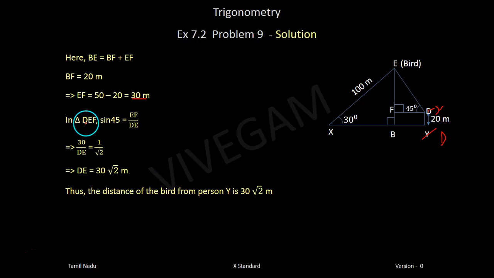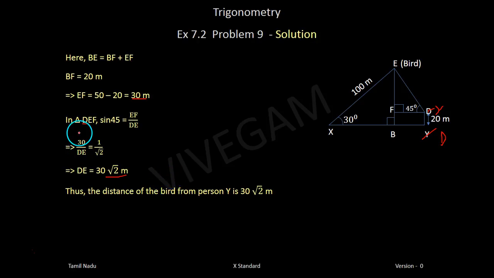So it's not DEF, it is YEF triangle. Change this to YEF. Sine 45 is opposite side EF divided by hypotenuse EY. It is written as DE, change it to EY, or YE. So 30 divided by YE equals 1 by root 2, or YE will be equal to 30 root 2.